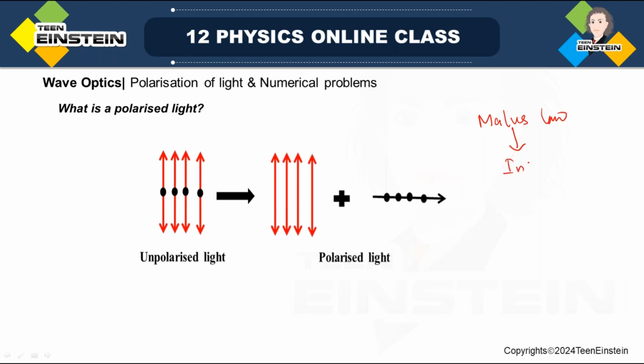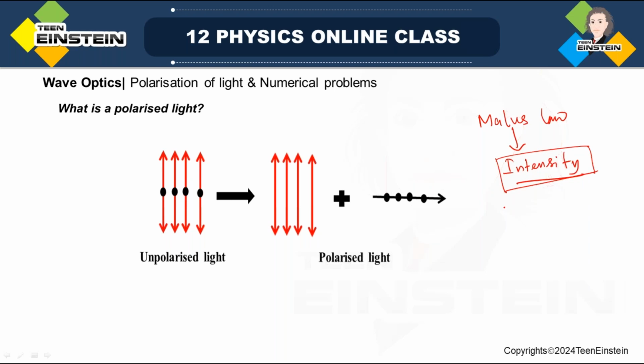We have seen that when we look through the analyzer, there is a variation in the intensity of the light when the analyzer is rotated. So this will give you the variation of intensity at different angles between the pass axis of the polarizer and the analyzer. When I discuss it, you will understand better. We'll discuss in detail how it happens.